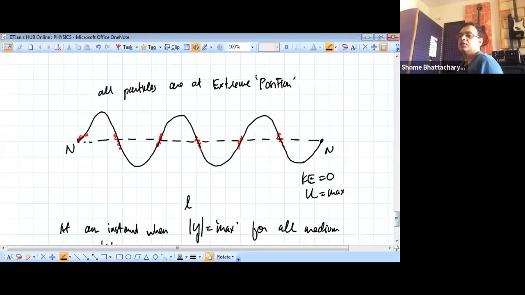This is the situation at some t equal to t1, let's say. Now what will happen at an instant of time which is a quarter of a time period later?